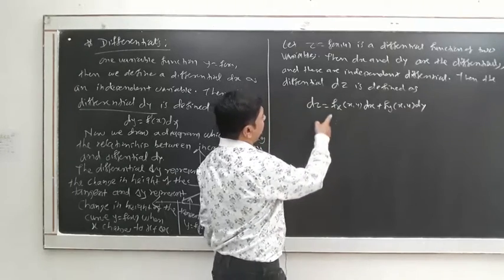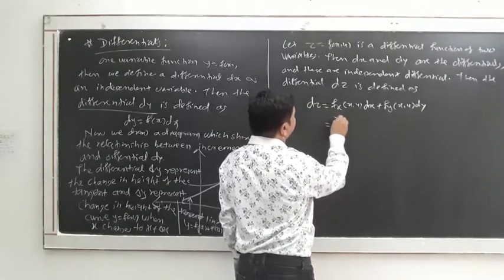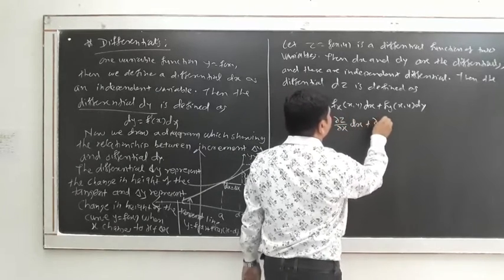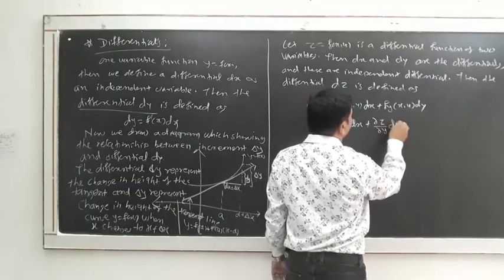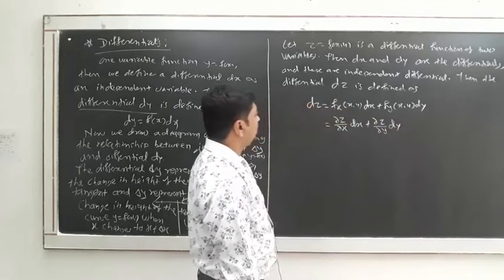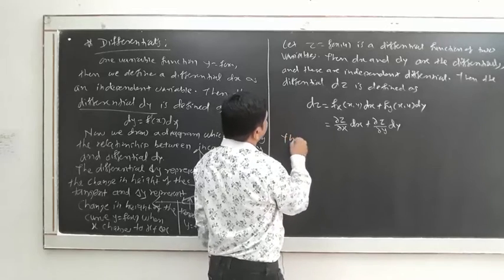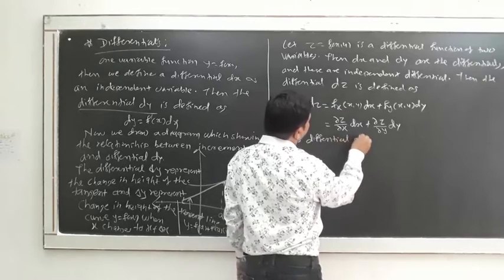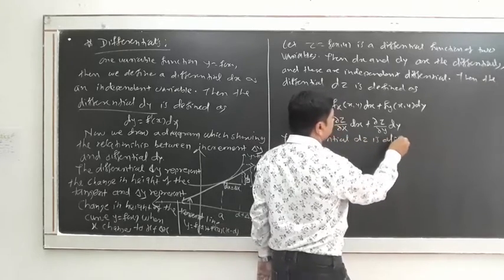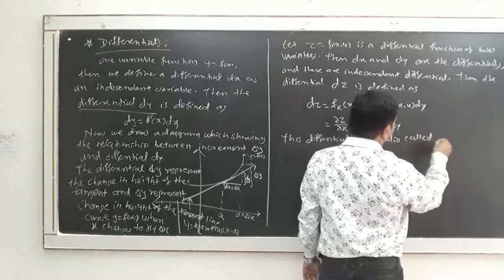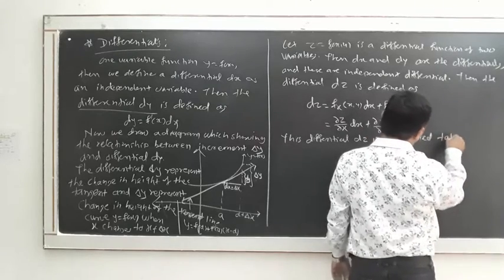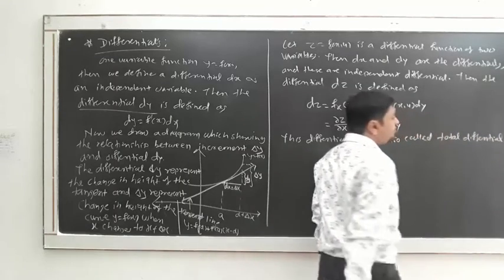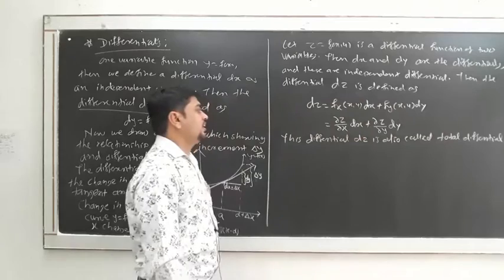It means instead of fx we can write dou z by dou x dx plus dou z by dou y dy. This differential dz is also called the total differential.